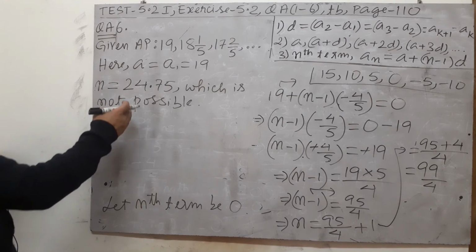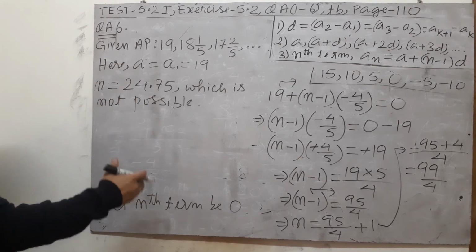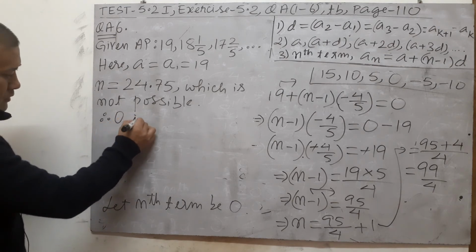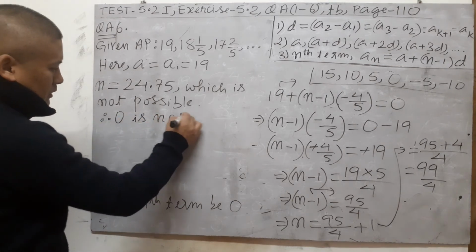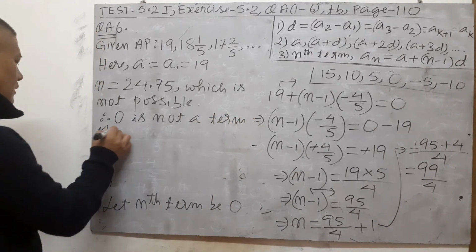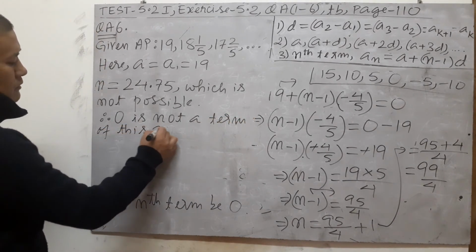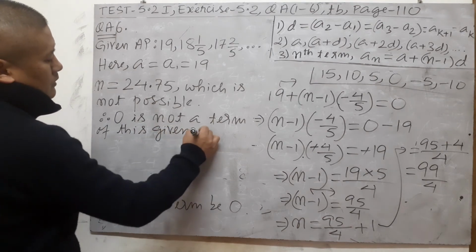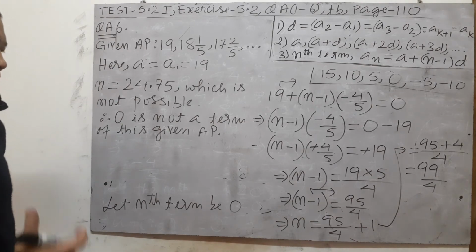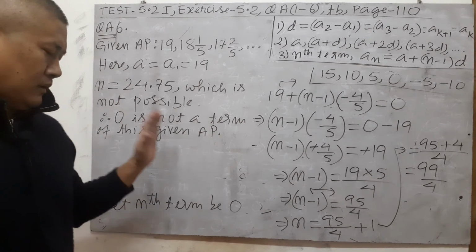However, since it's not possible, therefore 0 is not a term of this given AP, because the term position of an AP can never be 0.